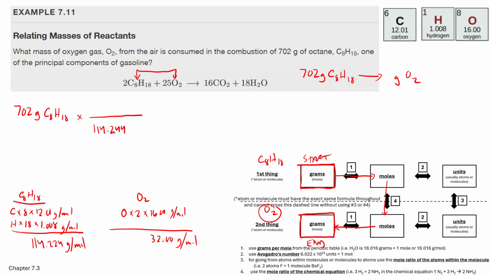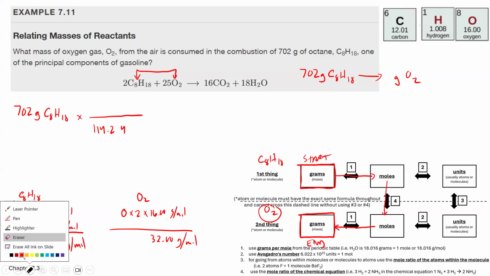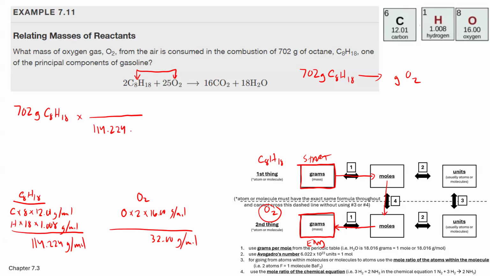It should be 114.224 grams of octane to 1 mole of octane. All right, sorry. We're going to do everything in one. I'm going to cancel out first just to give you a visual of what we need to do next, right? We started here. We are now here. We're at moles of C8H18.